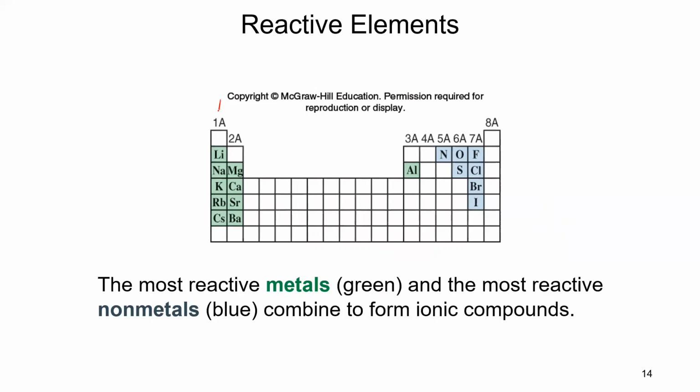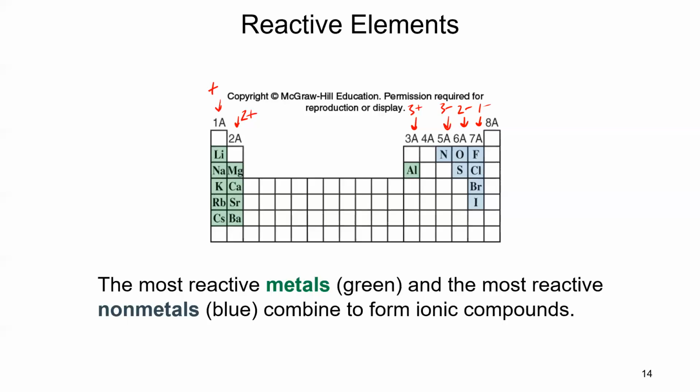I can remember this first column is always going to be just a single plus charge. The second column is always going to be 2 plus charges. We jump over here, aluminum is 3 plus, nitrogen 3 minus, because it's easier for it to gain 3 electrons than lose 5 electrons. This column here 2 minus, and this column here 1 minus.